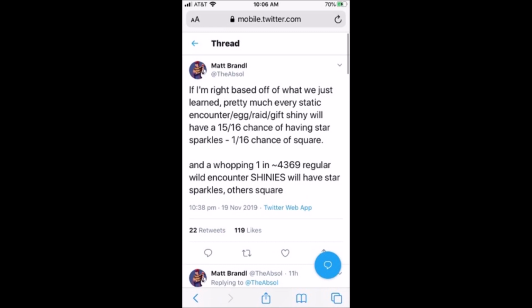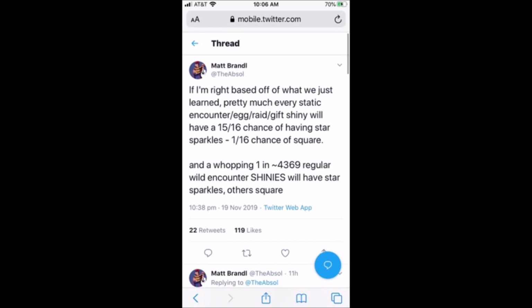Because it's 15 out of 65,536, obviously that's 1 in 4,369, which is higher than the 49.6 shiny odds. So it's actually rarer than getting 2 shinies back to back, which gives you a 1 in 17,895,424 chance of finding a shiny in the wild with star sparkles.